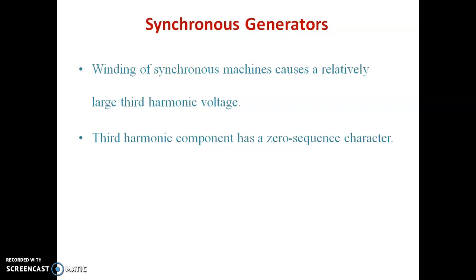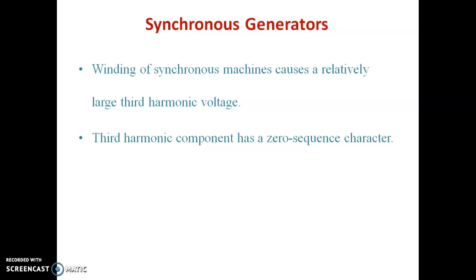With a standard synchronous generator, the 5th and 7th harmonic components will be minimized. The winding of the synchronous machine causes a relatively large third harmonic voltage, 10% of the fundamental component, whereas the 5th and 7th harmonic voltages are around 1%.